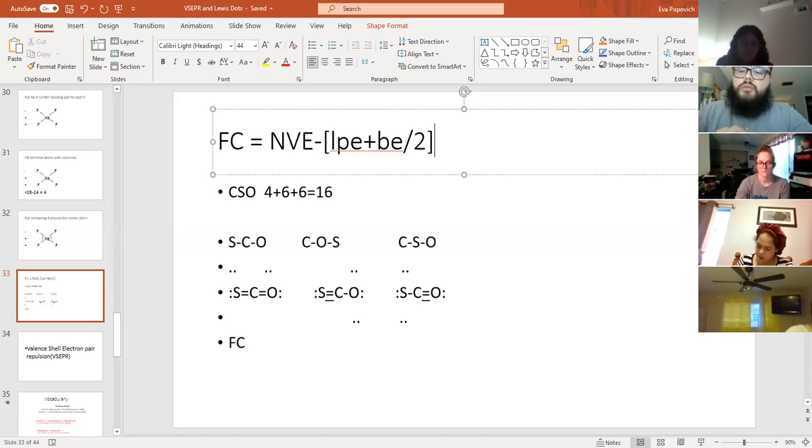All right, the sulfur is in the center. Have you drawn the structures down?